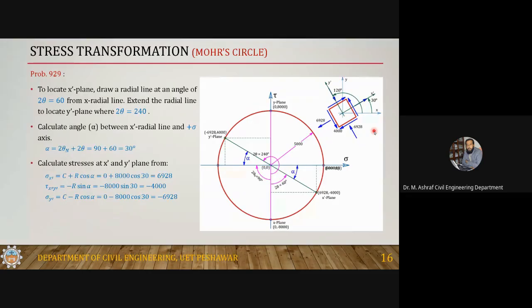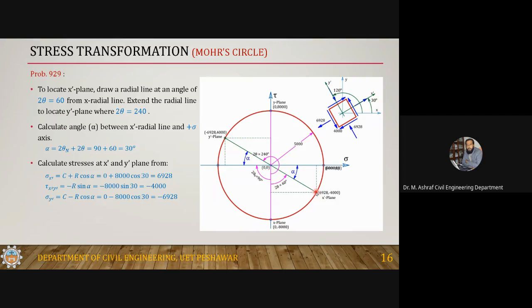Now the next thing is to calculate stresses on planes at plus 30 and plus 120 degrees. This is your reference, and plus means counterclockwise. Rotate plus 30 means you rotate in Mohr's circle by 2 theta, 60 degree counterclockwise. Join this point with the center; this gives you the x prime plane at an angle of 30 degree. If you extend it backward, you get the y prime plane, the plane at 120, where 2 theta is 240 degree.